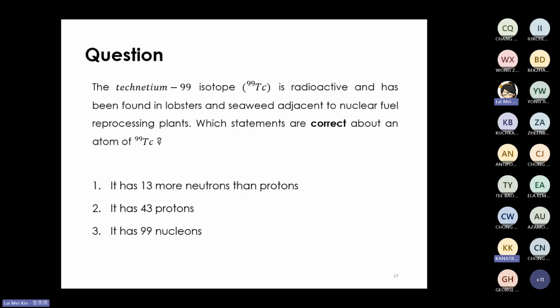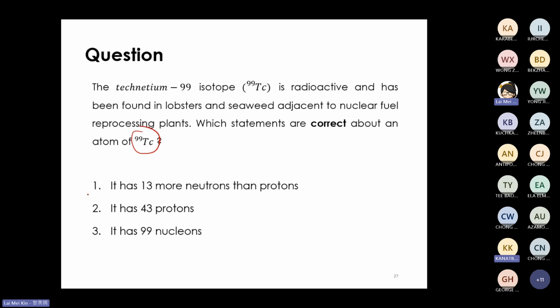Technetium. Go through this. I'll give you around 2 minutes. You can discuss with your friends. Which of the following statements are correct about technetium 99? Is number 1 correct?